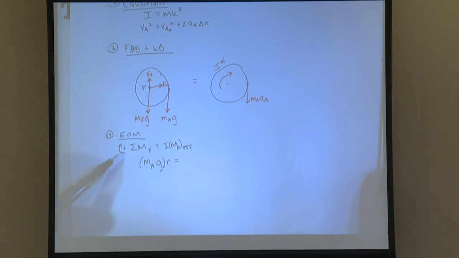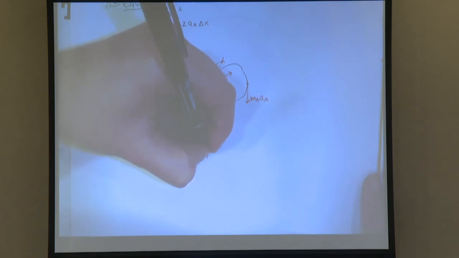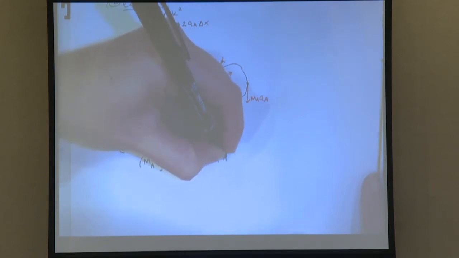I said that clockwise was positive. Yeah, you can set whichever one you want, so long as you state it. And then this is going to equal I alpha plus MA AA times R.